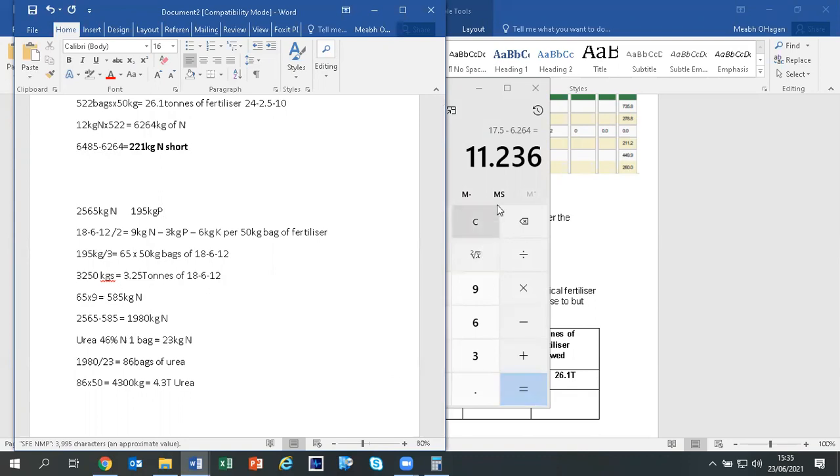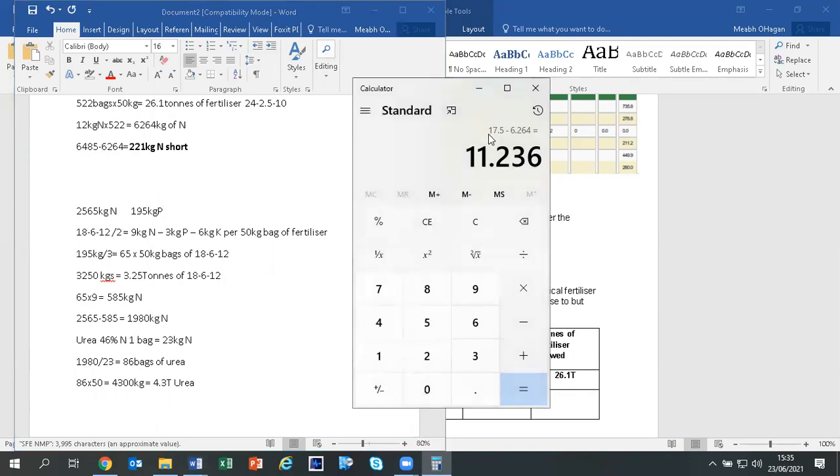Well, we spread 500. So I'm taking these away from the 17.5. 17.5 minus 6.264 minus our 0.585 from our 18,612. All right, and minus our 1.980 from our urea as well.